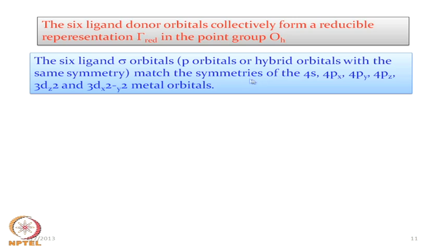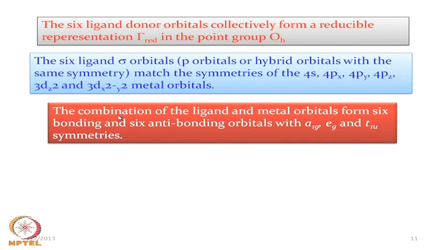Now we will find slowly that whatever we are discussing for crystal field theory, we are just talking in terms of the d orbitals only, but now we see that s and p orbitals can also show some contribution to the formation of these molecular orbitals. So, the combination of the ligand and metal orbitals forms 6 bonding and 6 anti-bonding orbitals with A1g, Eg and T1u symmetries.